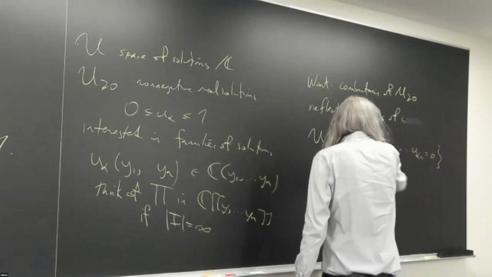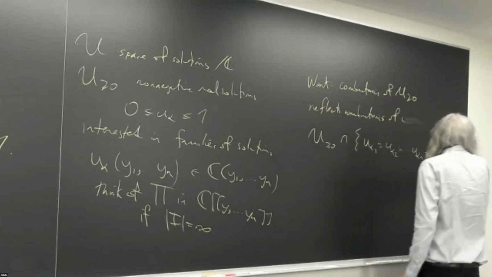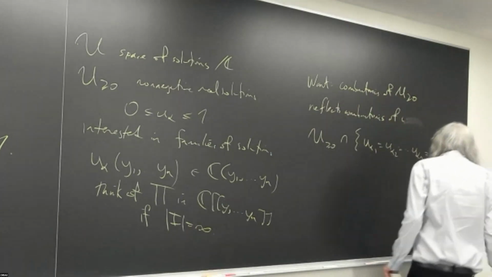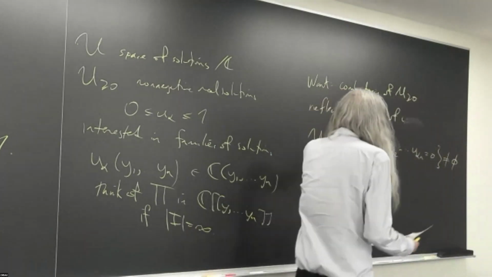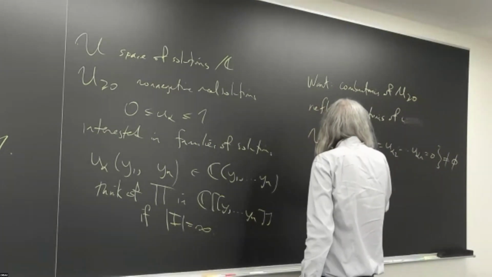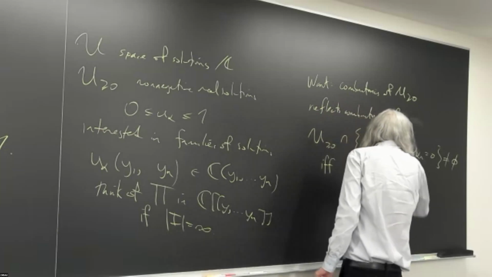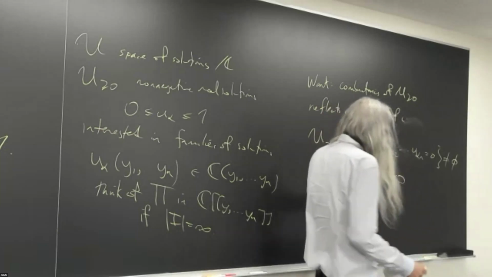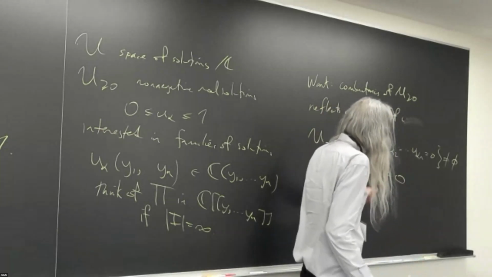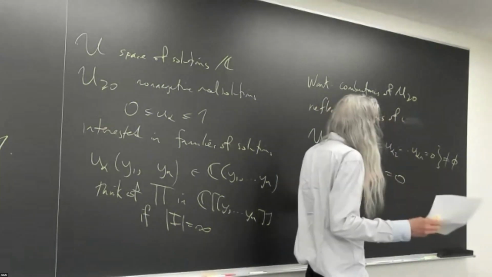So U alpha 1 up to U alpha n can all go to 0 simultaneously, and this is non-empty if and only if these alpha i's are all mutually compatible.